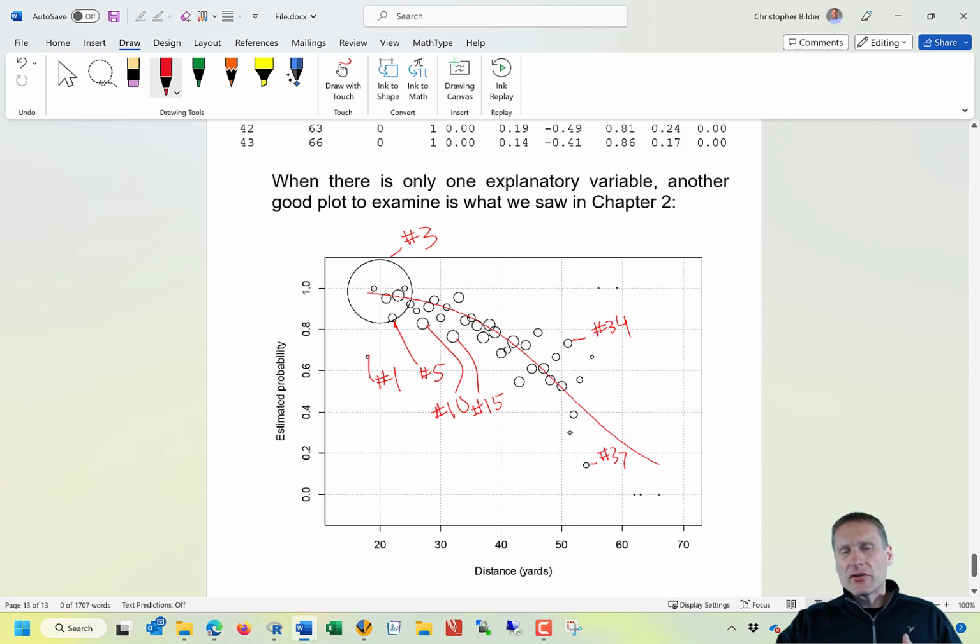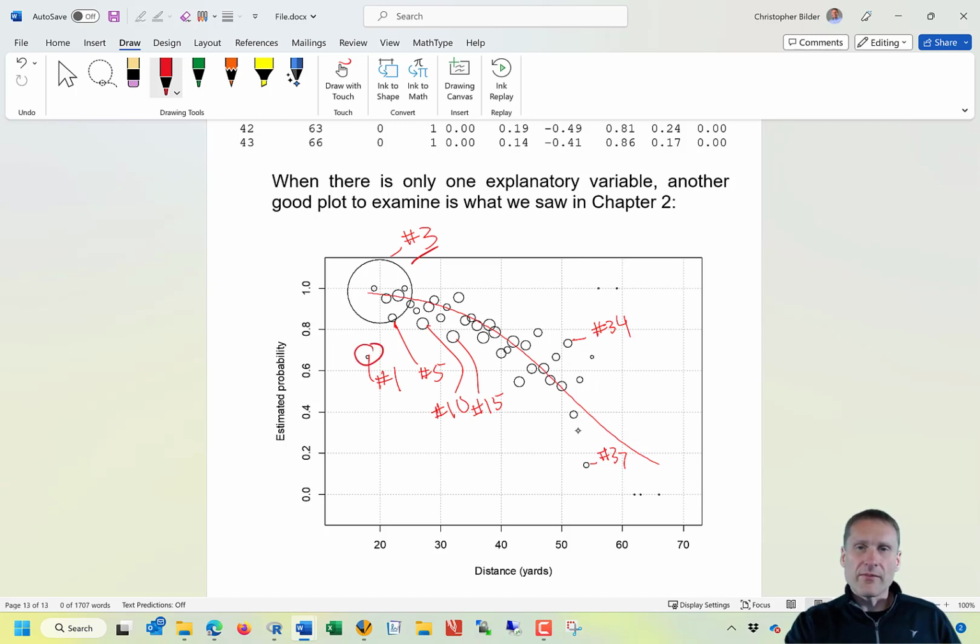But I think it's also good to look back to something that we did back in chapter 2 to compare this, what I call an ad hoc way of assessing a model's fit, where we use the estimated probability on the y-axis, the distance in the place kick on the x-axis, and the size of the plotting point corresponds to the number of trials per distance. And so here's that number 3 that we saw previously that basically represents a large number of PATs.